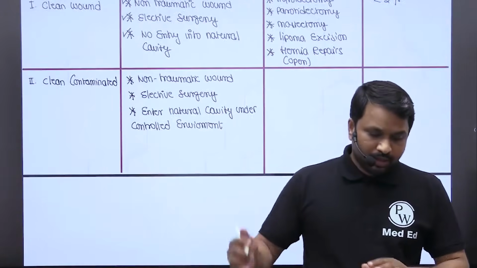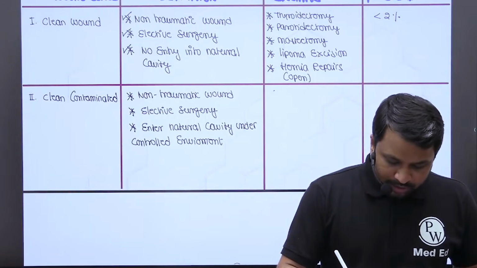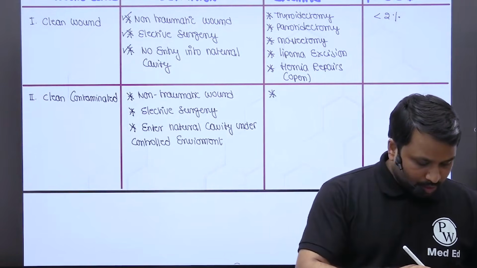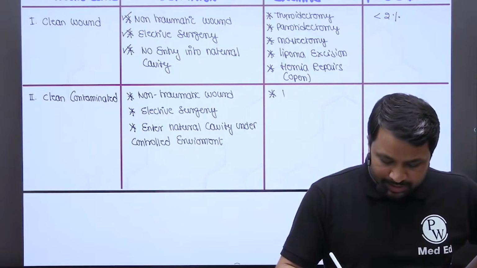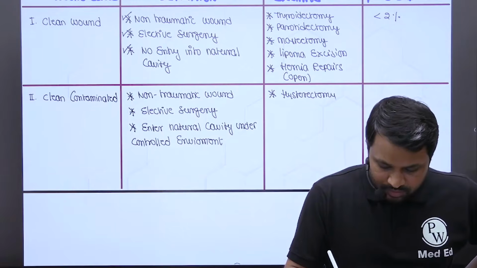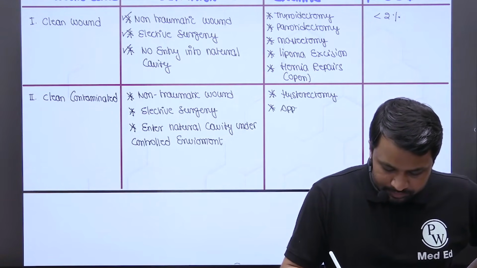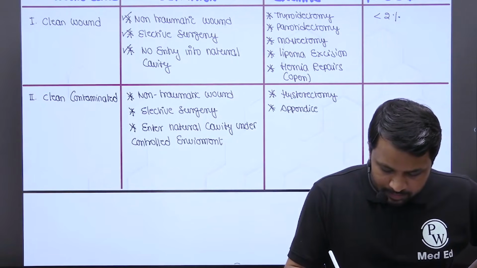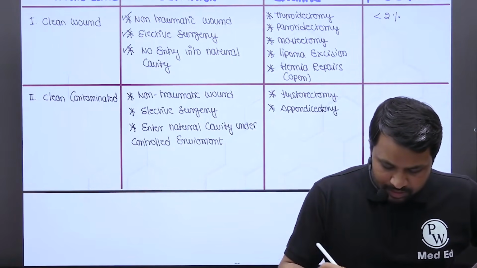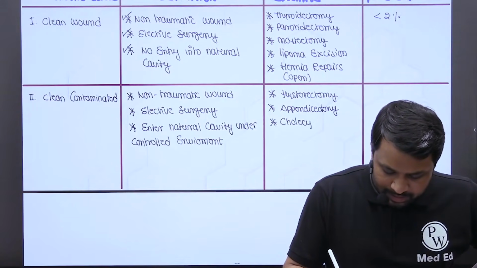Okay? Now, in a clean contaminated wound, what are the examples that you're looking at? Examples like hysterectomy. You have an appendicectomy which is uncomplicated. Uncomplicated cholecystectomy.